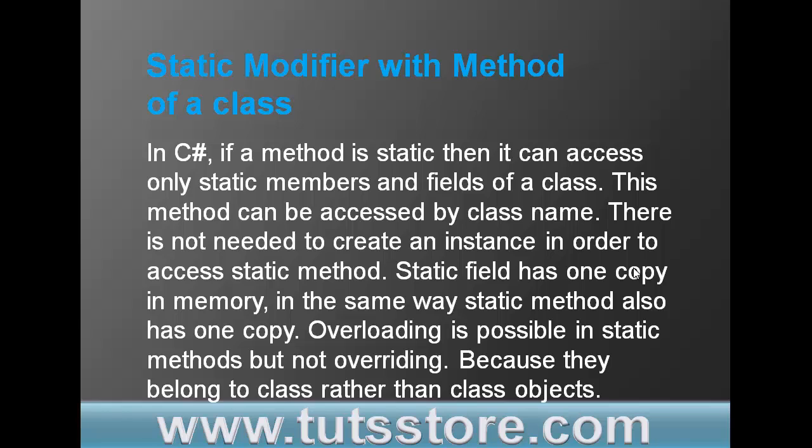It is not necessary to create an instance in order to access a static method. A static field has only one copy in memory. In the same way, a static method also has one copy in memory. So overloading is possible in static methods but not overriding, because they belong to the class rather than class objects.